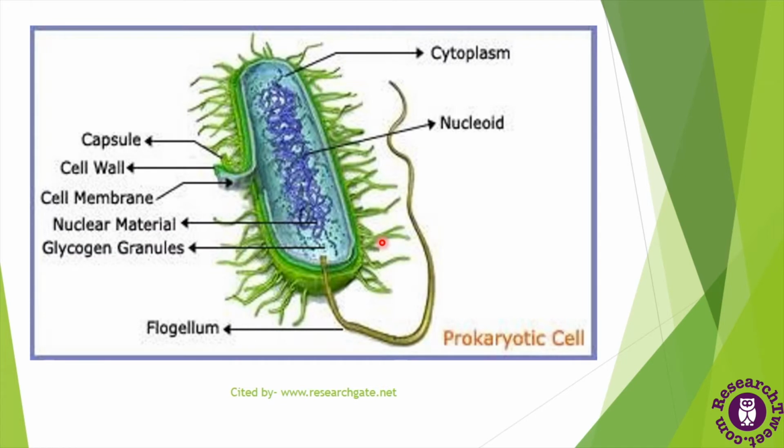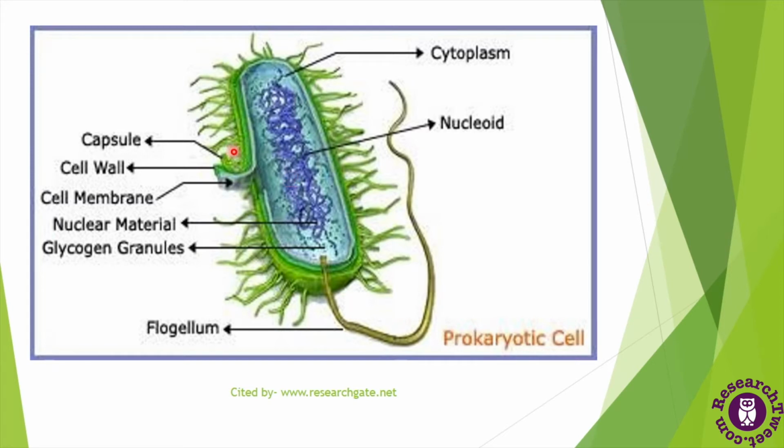Let's understand the structure of a bacterial cell with the help of this diagram. Here we can see a rod shaped, or bacillus shaped, structure called a bacillus, and this is the structure of a bacterial cell, showing the anatomy of the cell and its different cellular organelles.